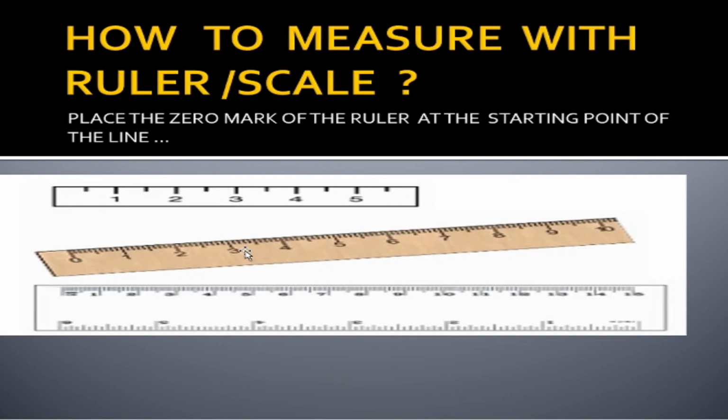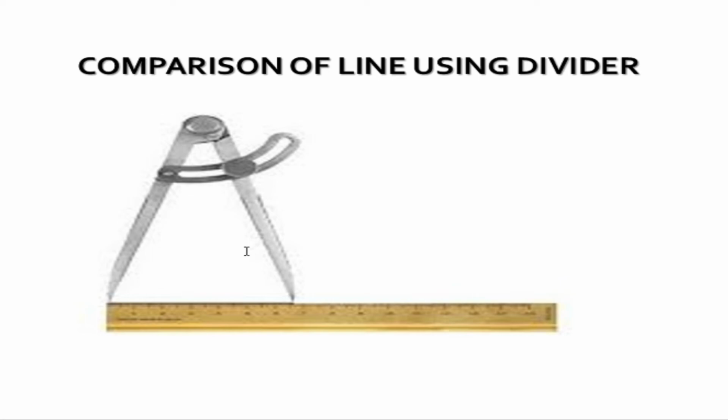What is the other way? The next way of comparing two line segments is using the divider. This method is much better than even using a ruler. Here you place the tip of the divider on the starting point of the line segment and the other point of the divider on the end point of the line segment.